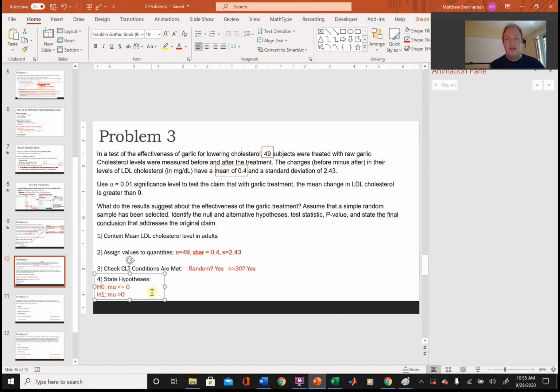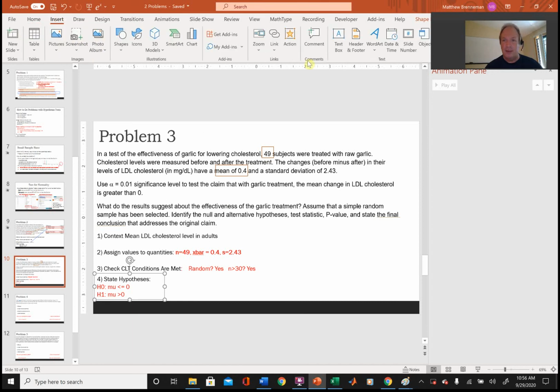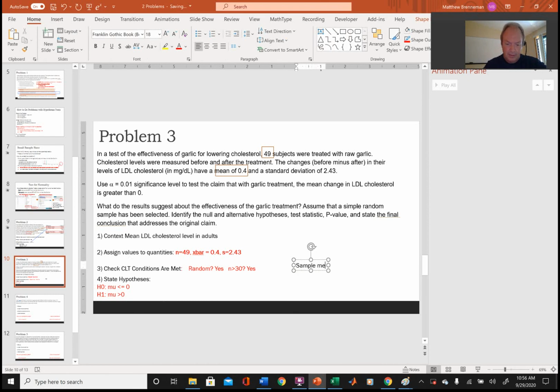Okay, if I was really testing to see if it was less than, and the sample mean, so if this was greater than or equal to 0, and the alternative was less than 0, and I got a sample mean greater than 0, I would never even run the hypothesis test. So you have to realize, and this is an important point, that the sample mean has to be consistent with the alternative hypothesis.